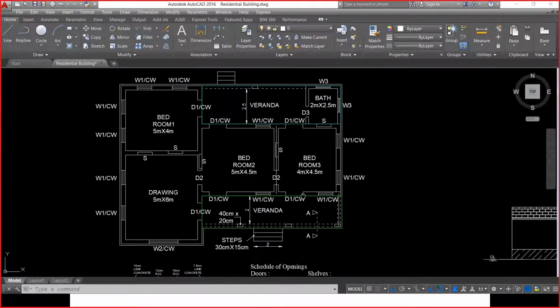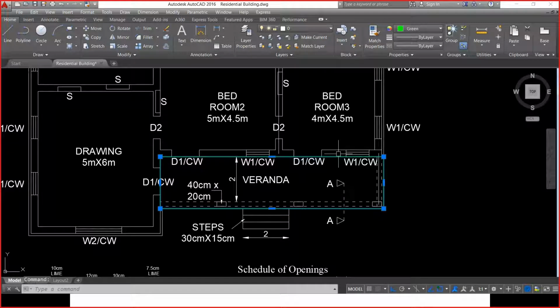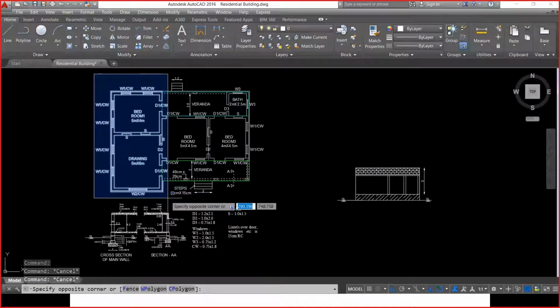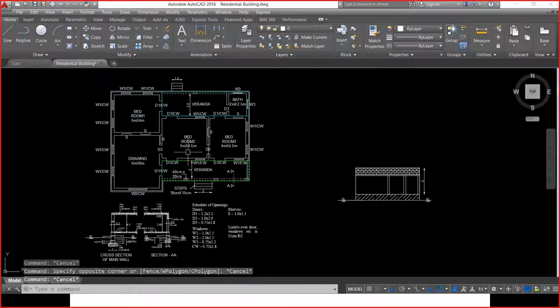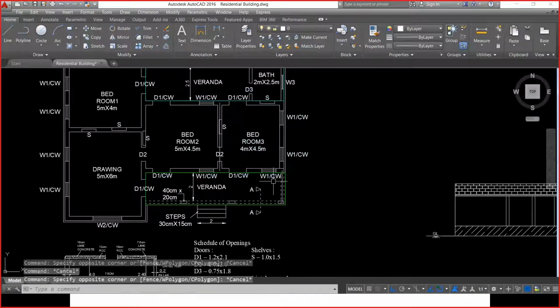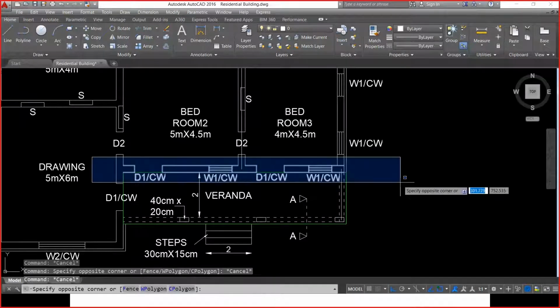So now moving on to the next area, which is highlighted in green color. Let us say that this whole construction is done. That is, the drawing room and bedroom are constructed, and bedroom number 1, bedroom number 2 and bedroom number 3 are also constructed. So I don't have to consider this length again.